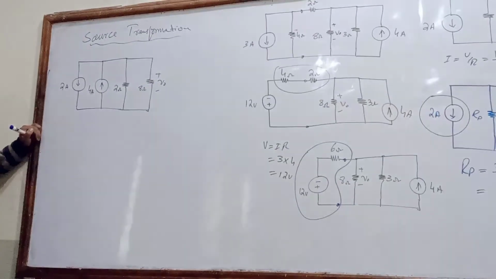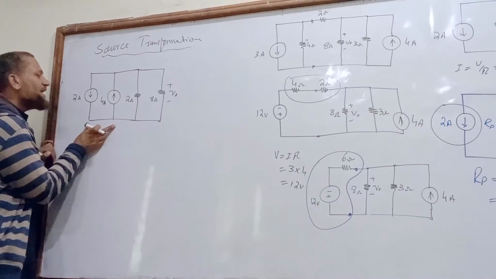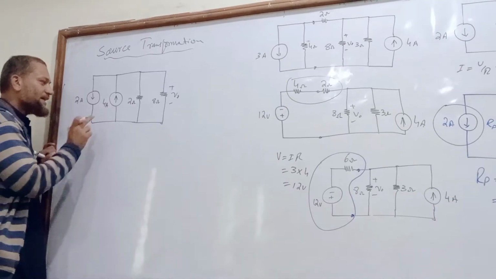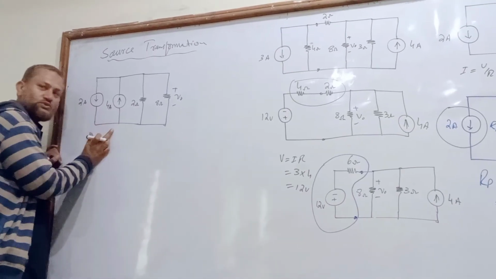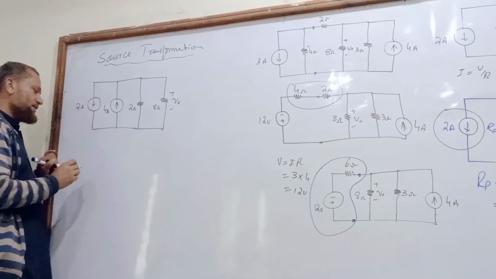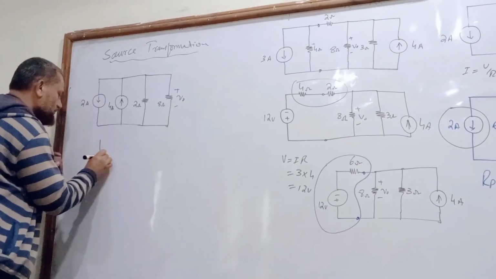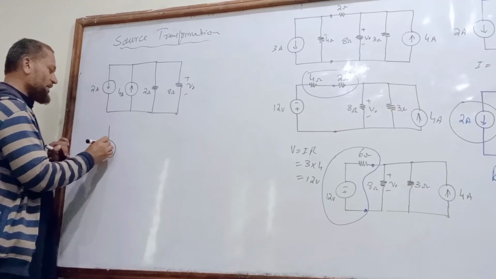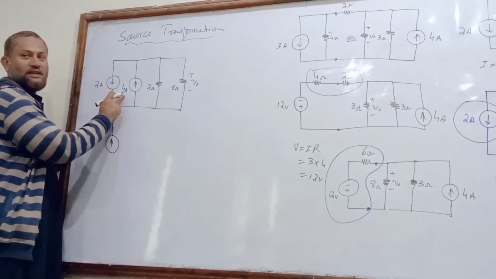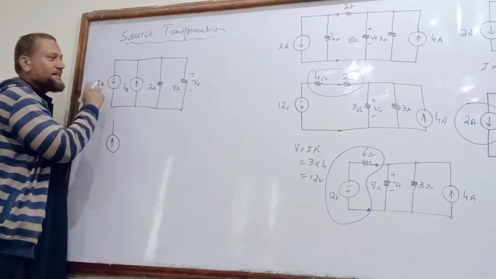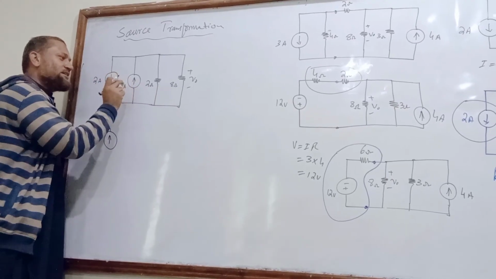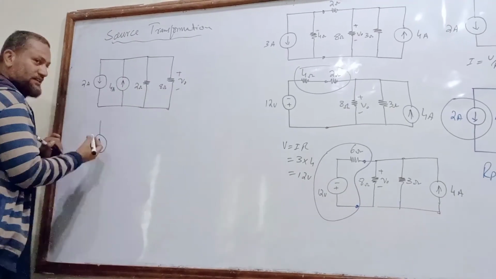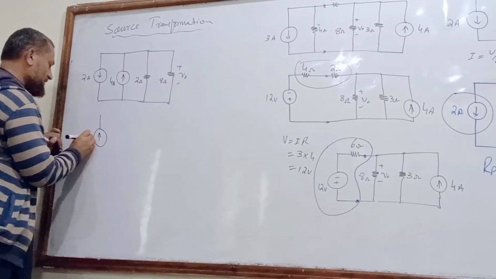This is the circuit. What will be the combined effect of these two? Can I merge these two sources into one? Yes. And what will be the direction? The direction will be upward, because 4 ampere is more than 2. The direction will be of the 4 ampere source, and the resultant current will be 2 ampere in this direction.